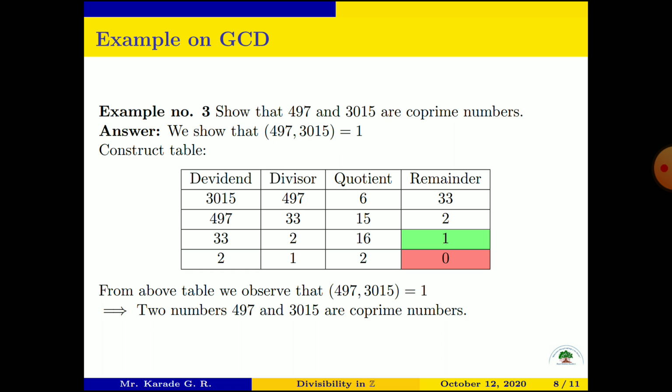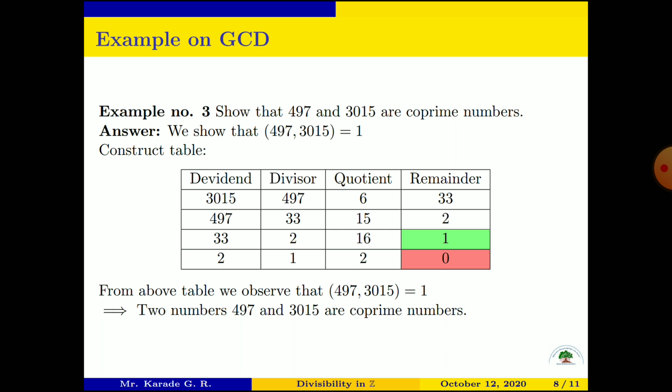Okay, so take this remainder 33 and divide the divisor 497 by it in the second row, and we get the quotient 15 and remainder 2.